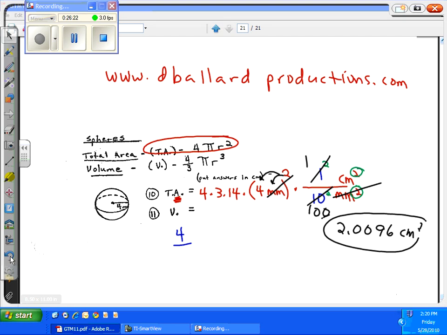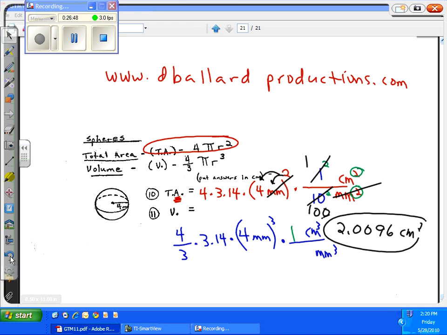Volume. Volume is 4/3 times pi times the radius cubed. Now we're in volume, so now we're dealing with cubic units. Now that's going to turn into cubic millimeters, so we're going to need to lose that name, cubic millimeters, and gain the name cubic centimeters.